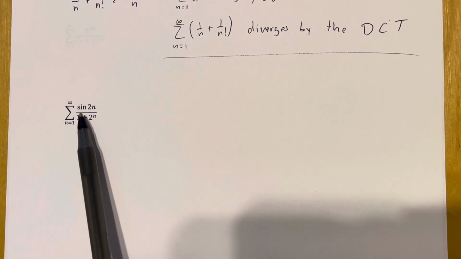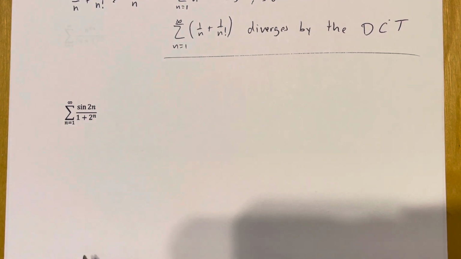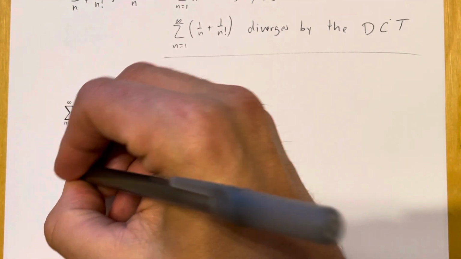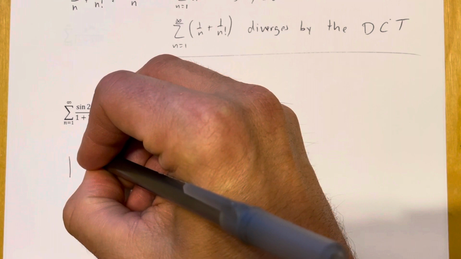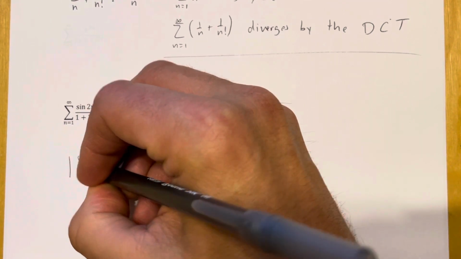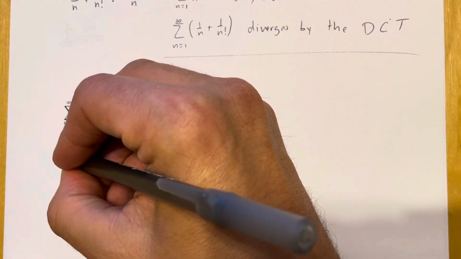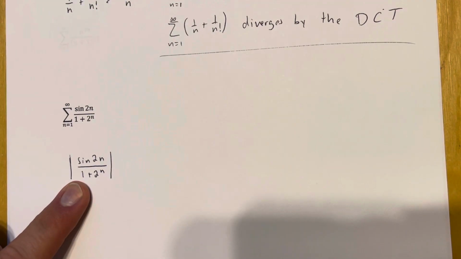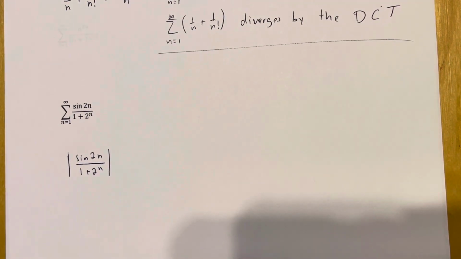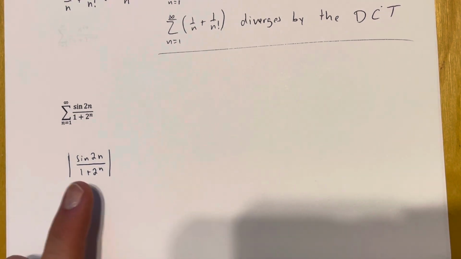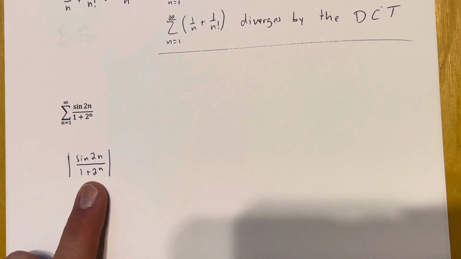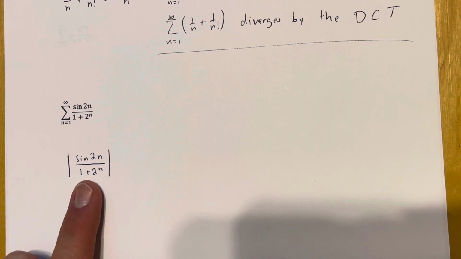Well, what I'm going to do is, instead of testing this series directly for convergence, I'm going to test this series for convergence. So I'm going to take absolute values of all of my terms. Now, why am I doing that? Well, by taking absolute values, I'm ensuring that this thing comes out positive, or at the very least non-negative.